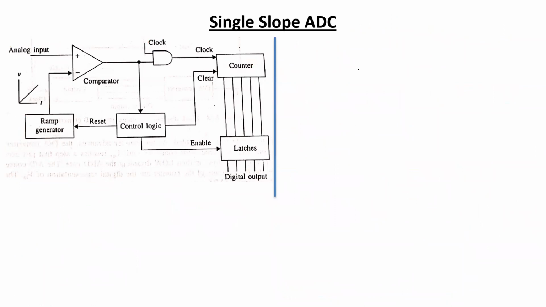Now, in terms of graphical representation, in our previous class we showed a graph something like this, that we have a straight line, the straight line that is produced by the ramp generator, and we had, let's say, a constant line that represents our input voltage.